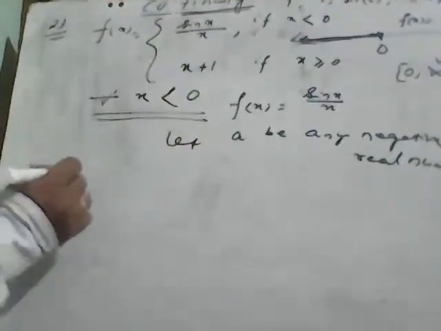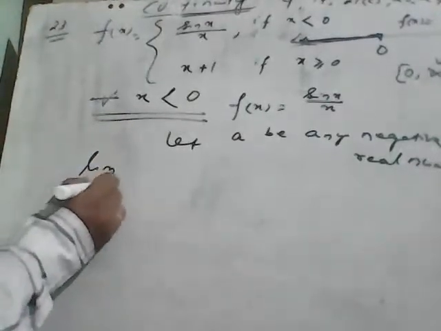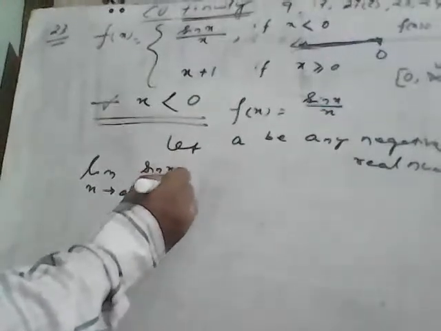Let a be any negative real number, which means a is smaller than 0. Now, if a is smaller than 0, then we write limit x approaches a of f(x), which is sin x by x.